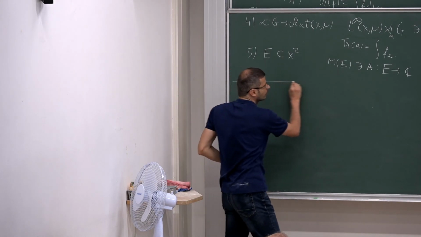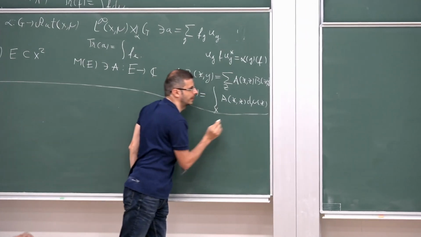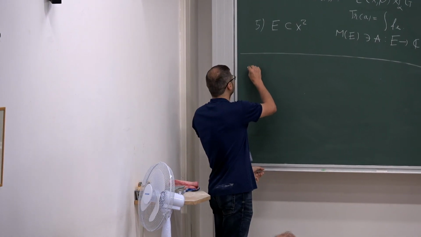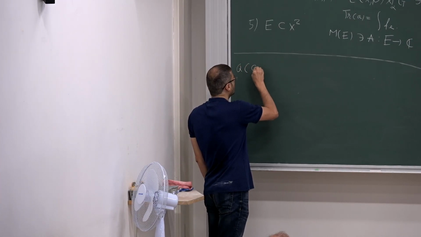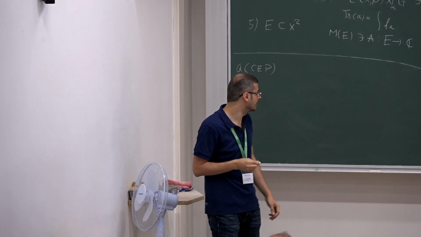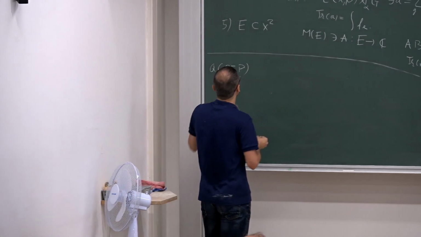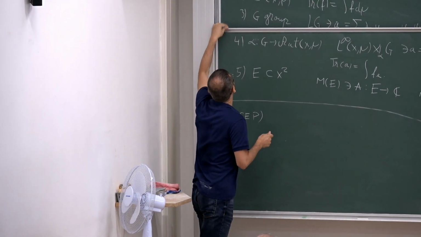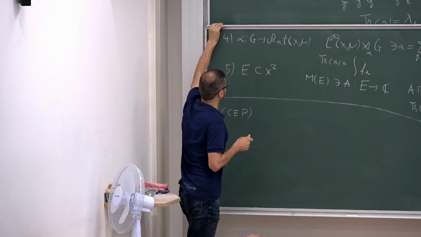Okay. So there are several basic questions that you can ask in this setting. The one that we'll study today is the Connes embedding problem that we now know is false, but there is still the question, which of these examples that I wrote on the blackboard are approximable by matrices?